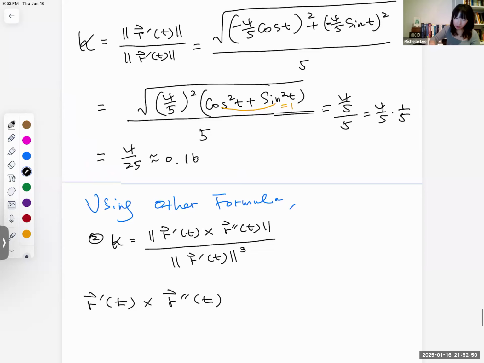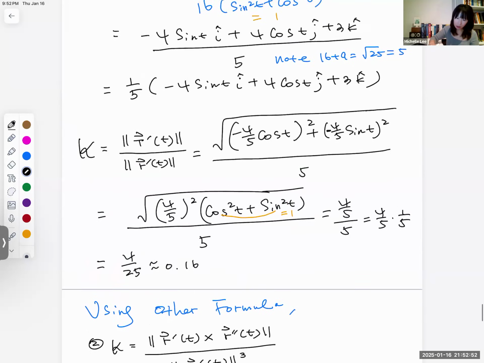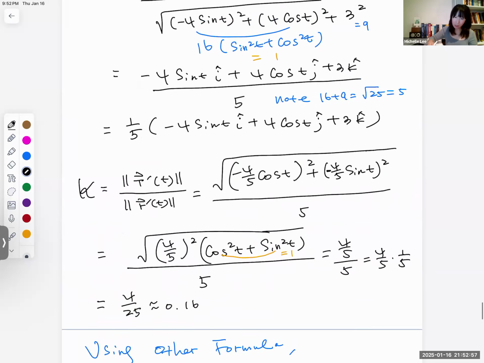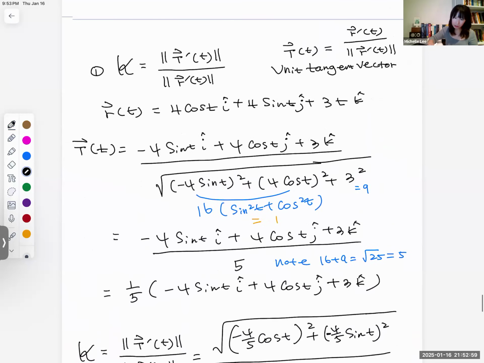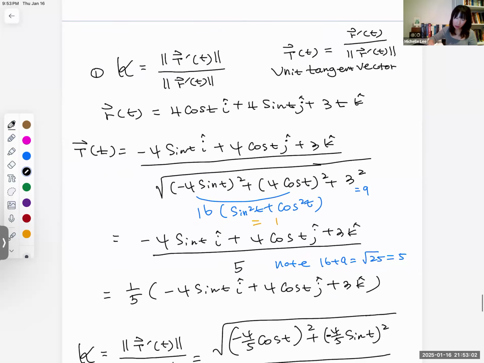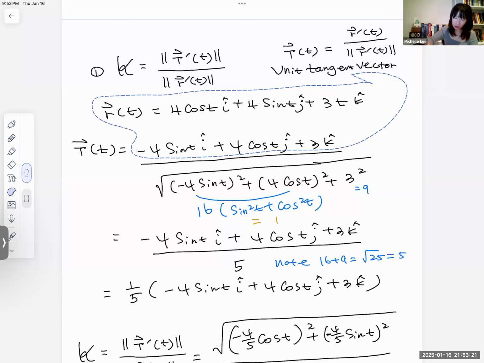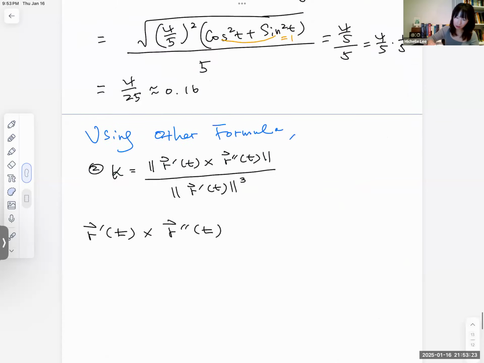Okay, so we need the r prime of t, which is, oh, that's magnitude. We have r prime of t. How about that? Let's just do this one.